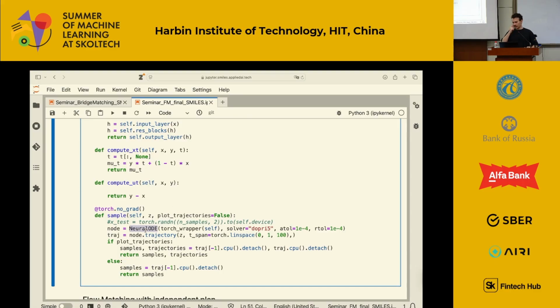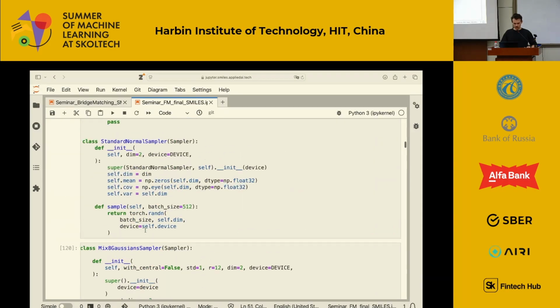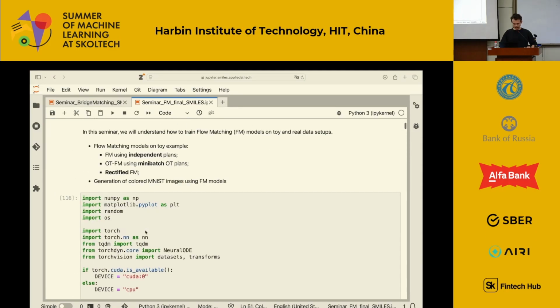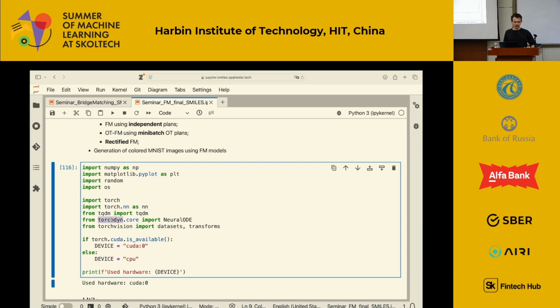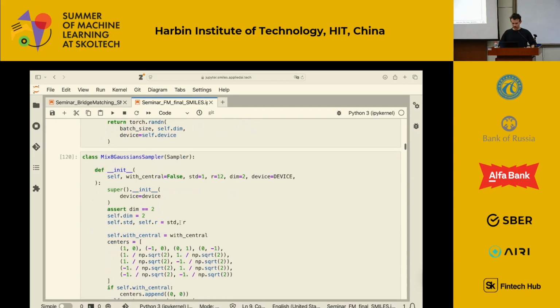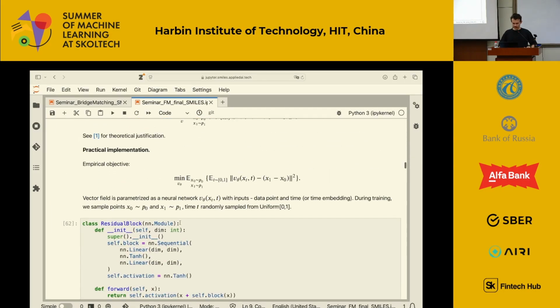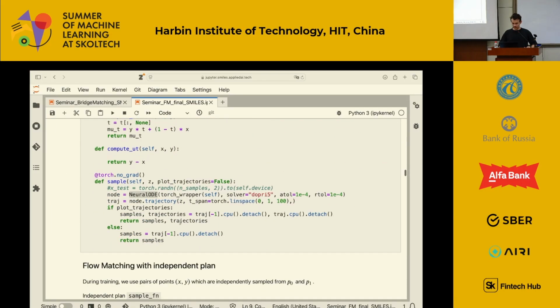If you work with ordinary differential equations on Torch, you are pretty much familiar, I think, with the library called TorchDyn. This is a library made for ordinary differential equations on Torch, which is highly efficient and provides many beautiful solvers for neural ODEs, which you do not have to write yourself.